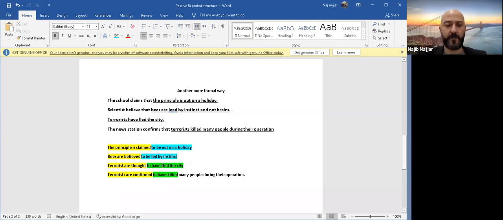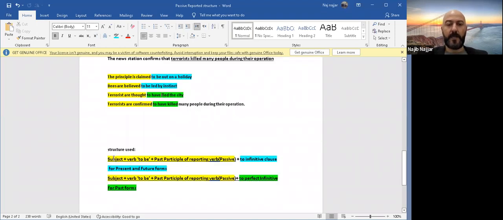Look at the structure that we used here. So subject, verb to be, past participle. Okay, the subject, for example, the principal is claimed. This is what we call the passive part. See, it's the yellow. So what about the rest? It's to infinitive clause. To be. Okay, now here I'm using it for the present and the future form.